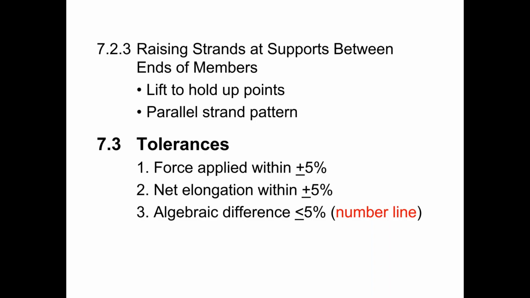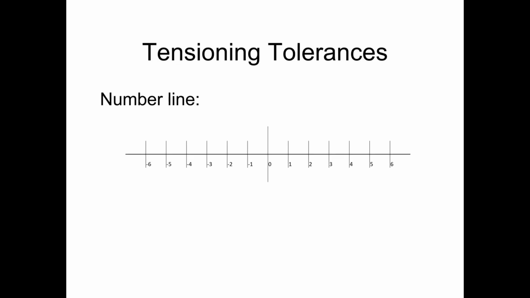And the easiest way to evaluate this third test is to use a number line. If we use our number line, we can plot our force and we can plot our elongation, and then we can visually see whether or not we're meeting that third requirement, that the deviation in force combined with the deviation in elongation is 5% or less.